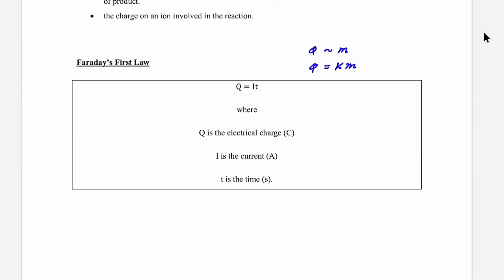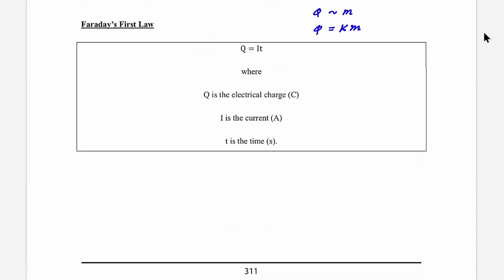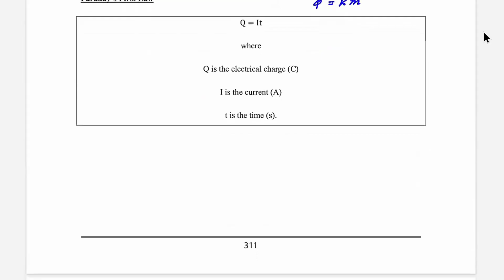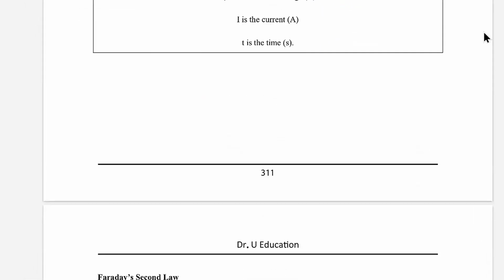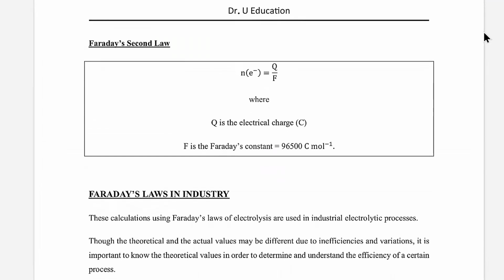So now Q is equal to IT, our basic equation to find the number of charges in the presence of a current. And the so-called Faraday's law is to find the number of electron moles using the Farad.